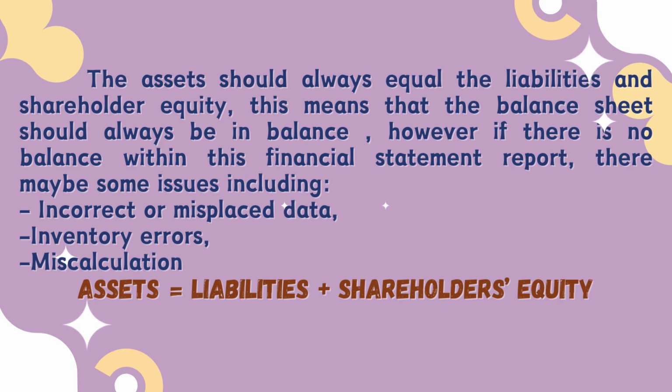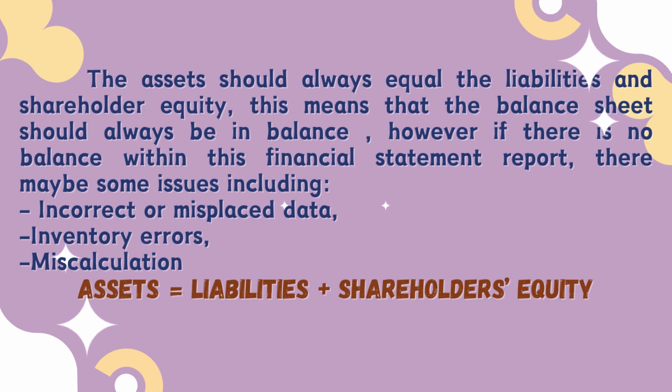This means the balance sheet should always be in balance. However, if there is no balance, there may be some issues including incorrect or misplaced data, errors, or miscalculation. So here you have to know that assets always equal liabilities plus shareholders' equity.